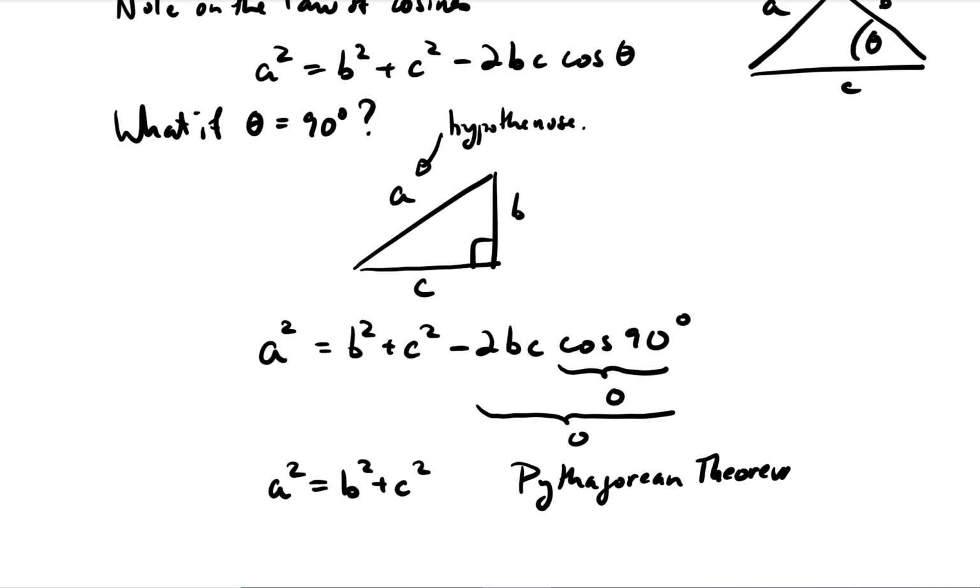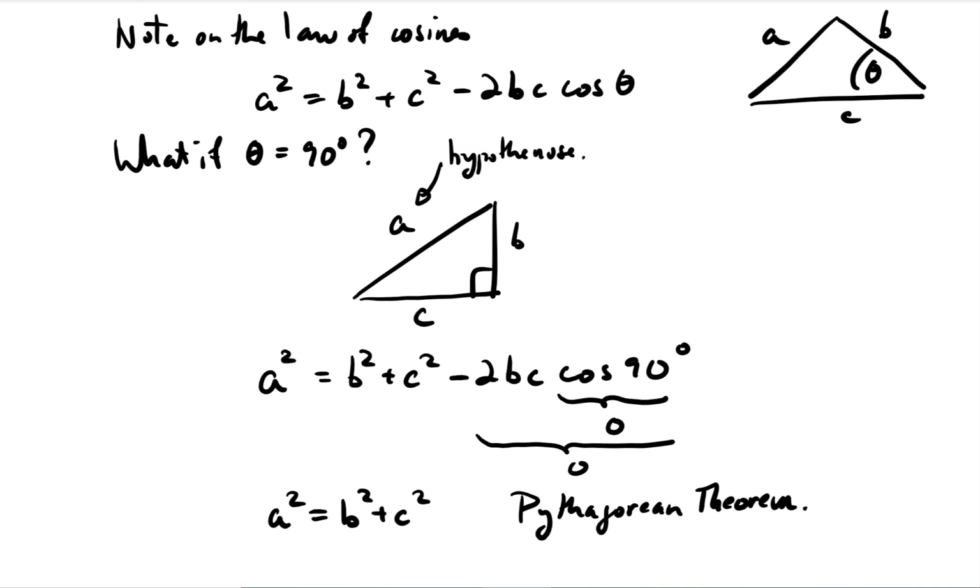Which is not a big surprise, because we actually use the Pythagorean theorem to derive the law of cosines. So when theta is 90 degrees, the Pythagorean theorem is a special case of the law of cosines.